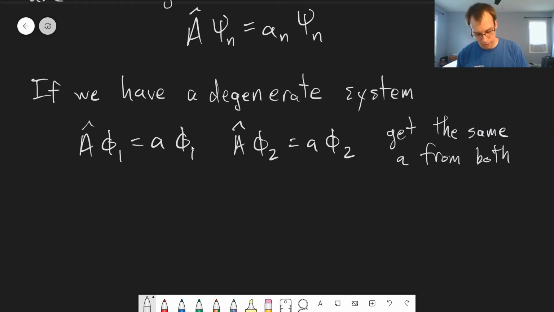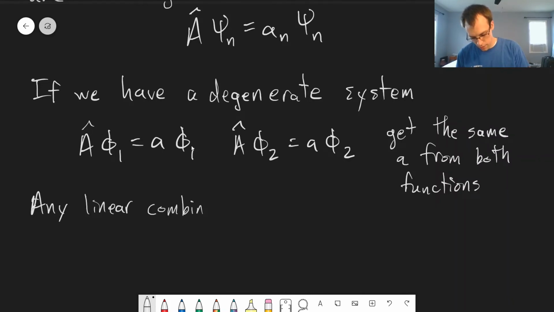So if we have something like this, there's a corollary that any linear combination of our two wave functions, phi 1 and phi 2, is also an eigenfunction of the operator.